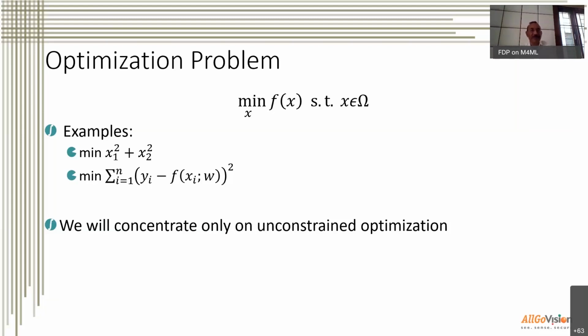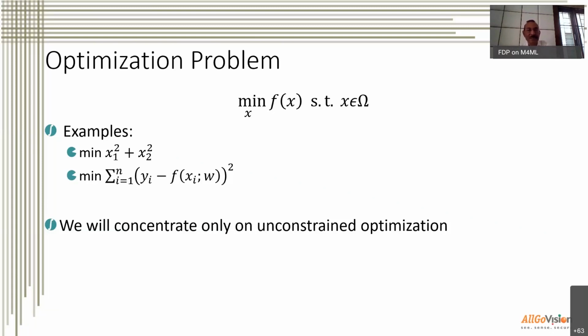So we sum the squared errors, as we saw earlier. These are some of the example problems we talk about.